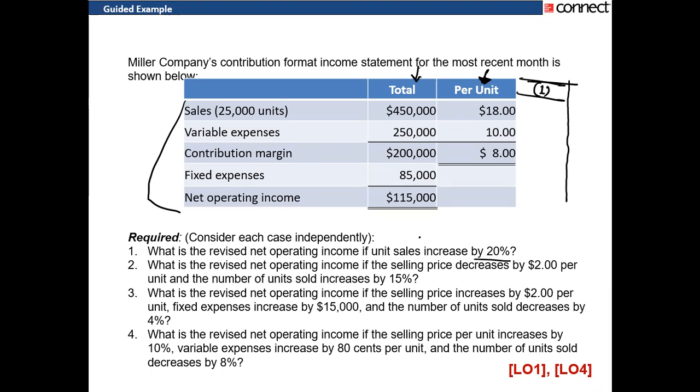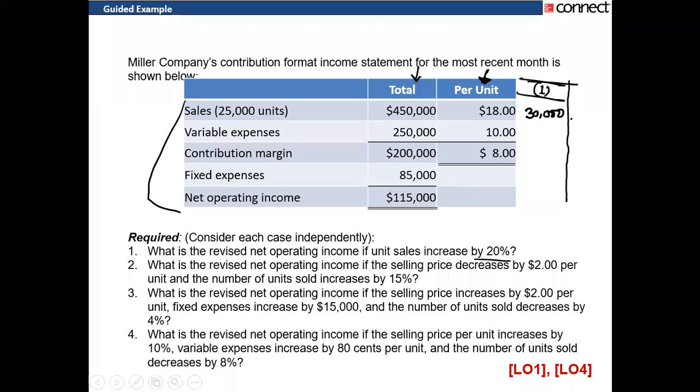The unit sales after a 20% increase. You see that it is 30,000. Yeah, 5,000 is 20% of 25,000. So if you add 5,000 to the 25,000, you should get 30,000.